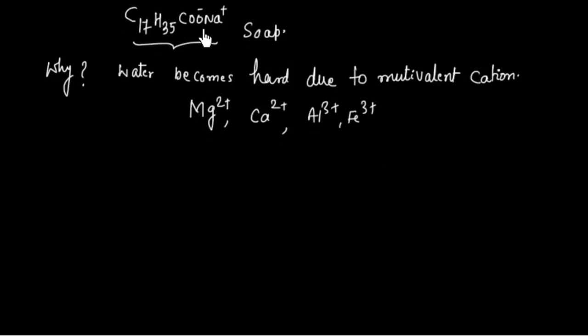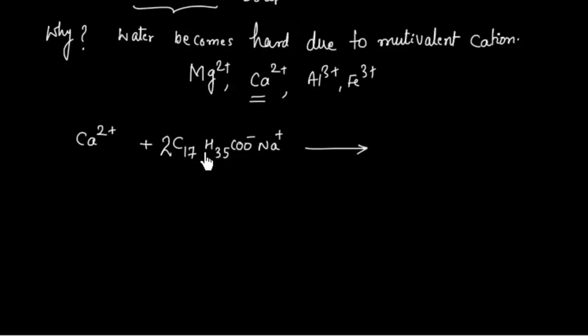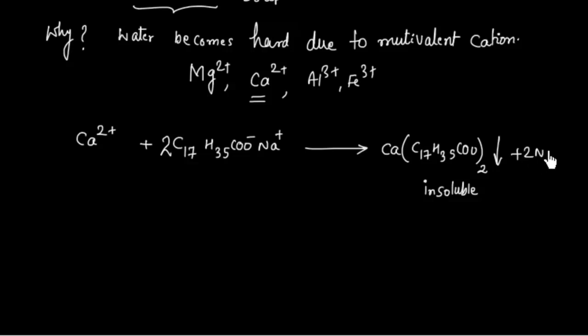When we add soap to a water that contains, let us say, Ca2 plus, that is this part C17H35COO minus Na plus, it first forms an insoluble salt. If I take 2 molecules, this balances the charge. So you will have Ca2 plus with two C17H35COO, which balances the charge and forms an insoluble salt, and you will have 2Na plus.